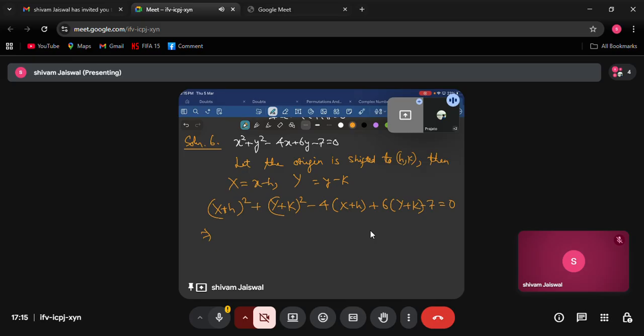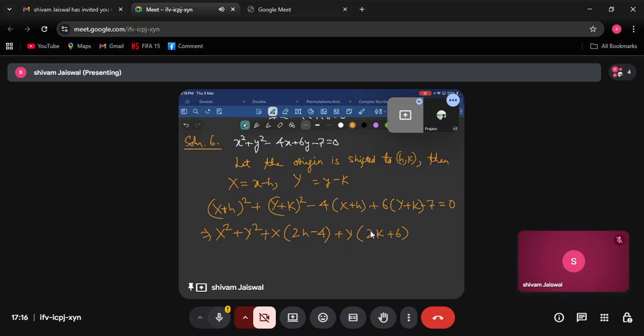This will give us X square plus Y square minus X into (2h minus 4) and then plus Y into (2k plus 6).